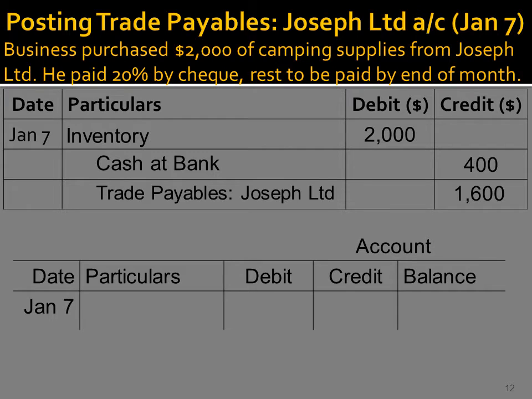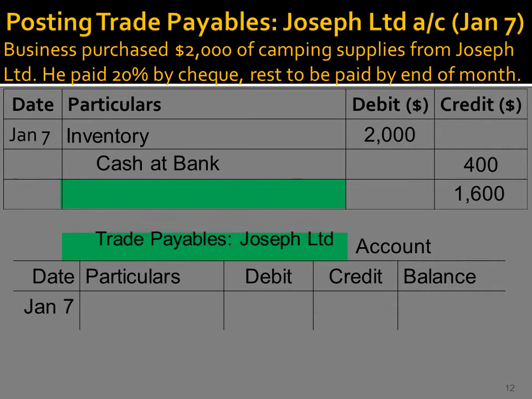We would now post the trade payables account to the ledger. So let's go through the 4 steps again. Step 1, we would post this account to the ledger. Since we have not prepared the trade payables account before, we will open up a fresh set of ledger for trade payables, Joseph Limited.